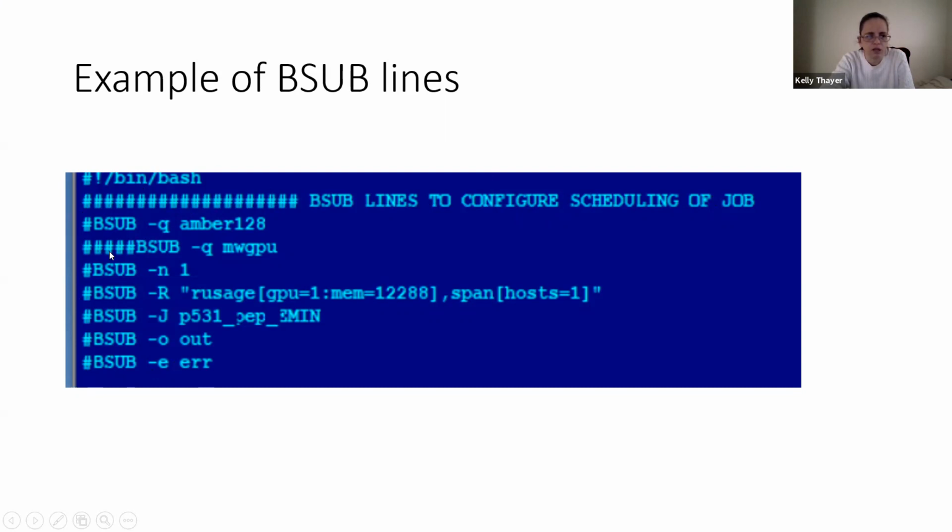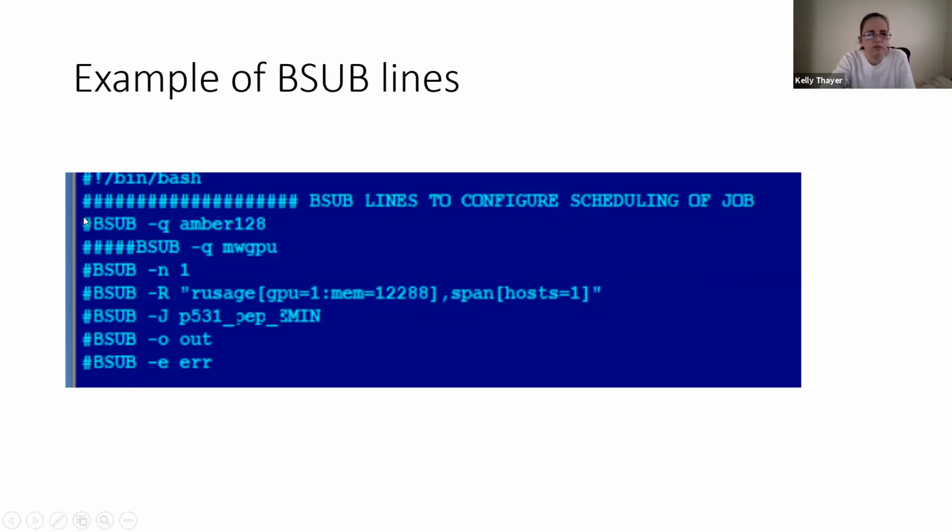And notice that I also have this one here. The reason why I'm doing this in my script is because sometimes I want to run in this queue and sometimes I want to run in that queue, and I'm just keeping this here when I reuse that script. So this one is not going to be used, but this one will be used because this one has a single pound, but having extra pounds will make this be a comment even to the bsub.